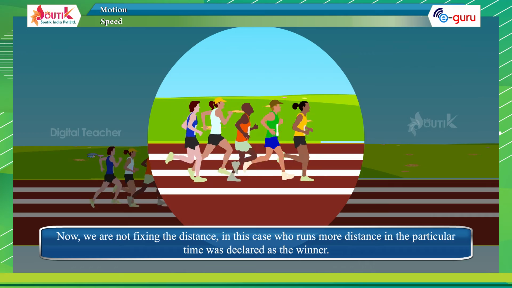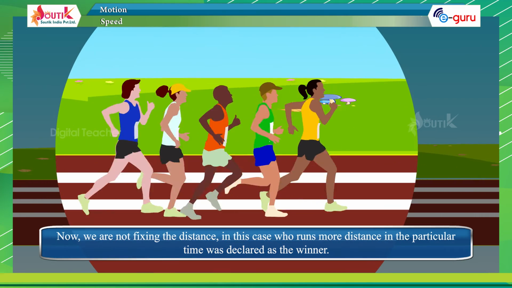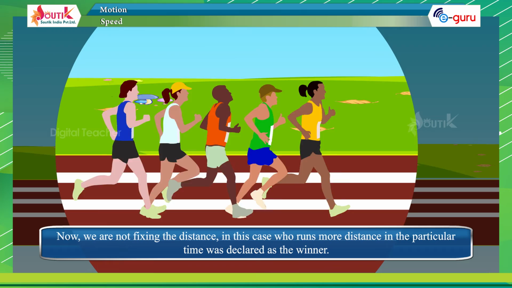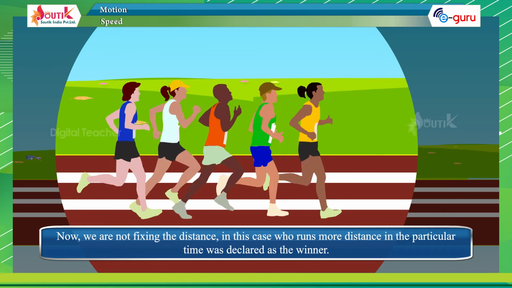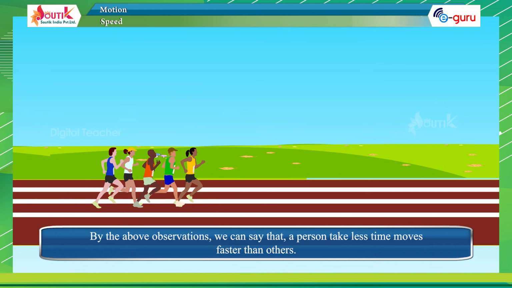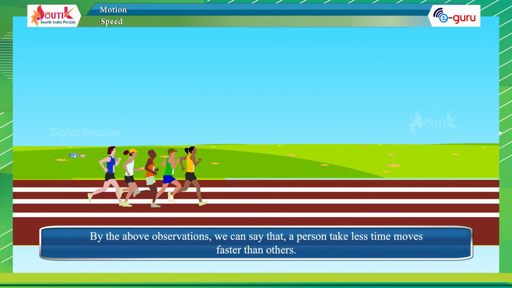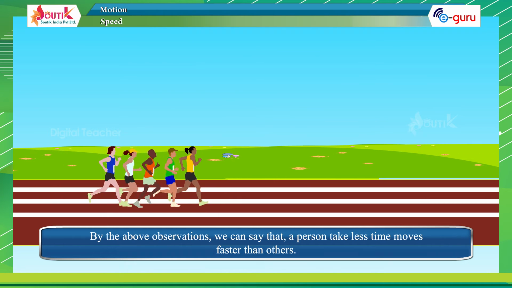Now, we are not fixing the distance. In this case, whoever runs more distance in the particular time is declared the winner. By the above observations, we can say that a person who takes less time moves faster than others.